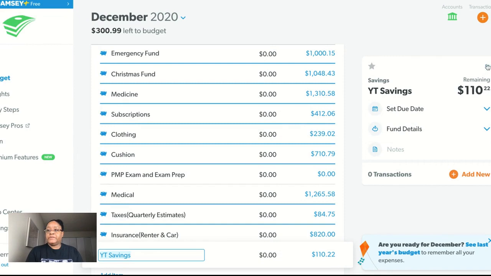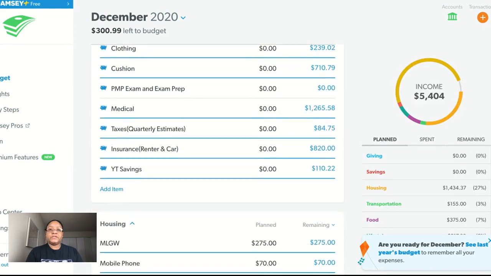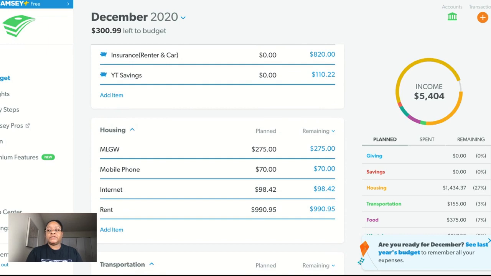That's just to give me a little extra money so I can still make a $1,500 payment to my debt while covering a potential $1,500 expense at the dentist.